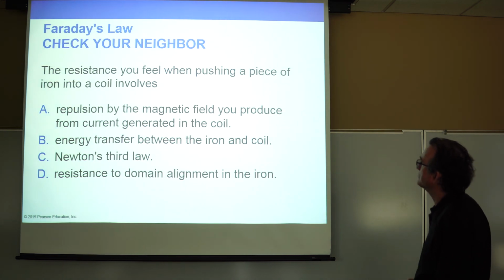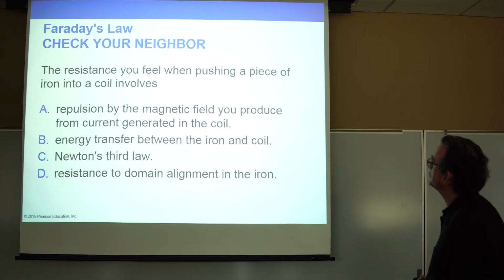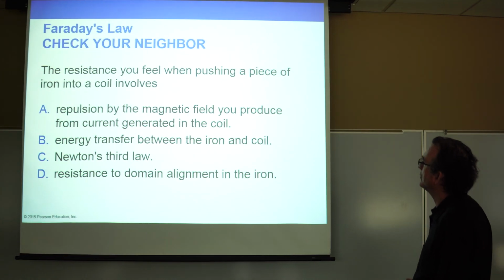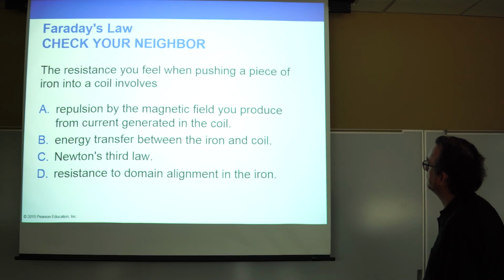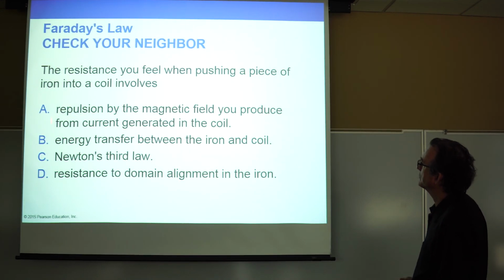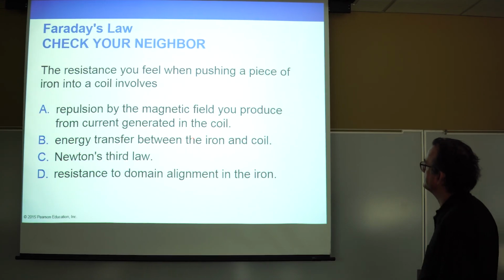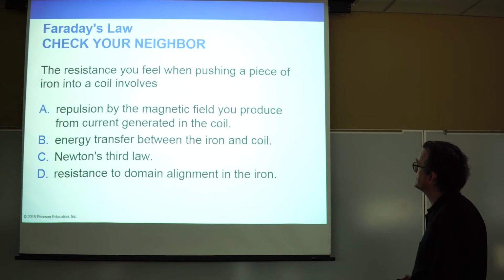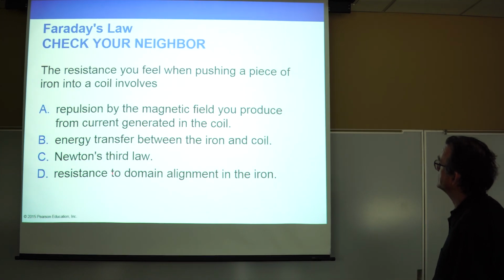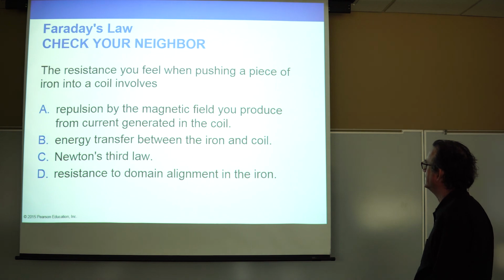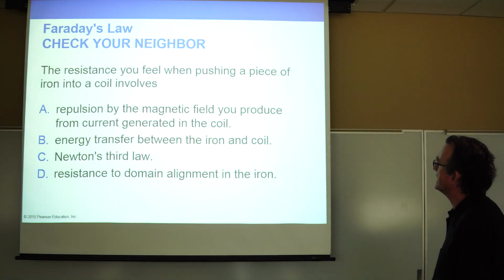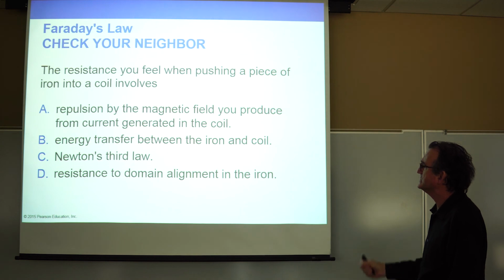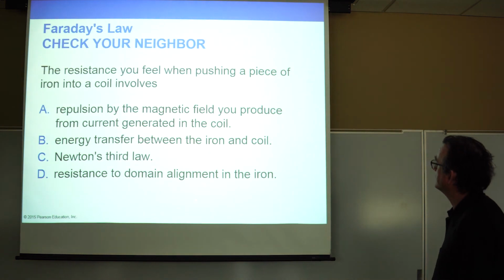Another question we could look at: the resistance you feel when pushing a piece of iron into a coil involves repulsion by the magnetic field you produce from current generated in the coil, the energy transfer between the iron and the coil, it is a result of Newton's third law, or it is the resistance to the domain alignments in the iron. Well, I'm going to exclude the last one right away, resistance to domain alignment in the iron, because we can assume that this magnet is already completely magnetized as a permanent magnet, and therefore the domains are already aligned.